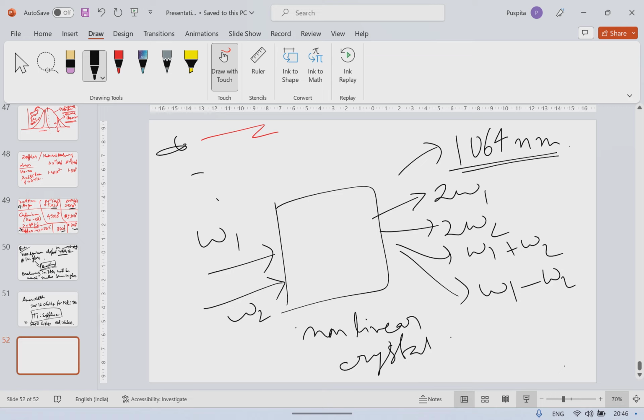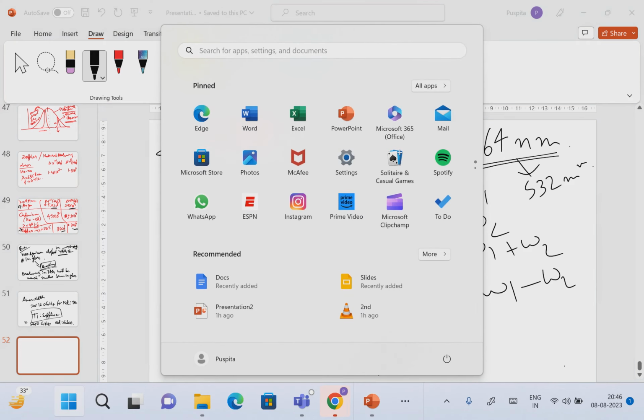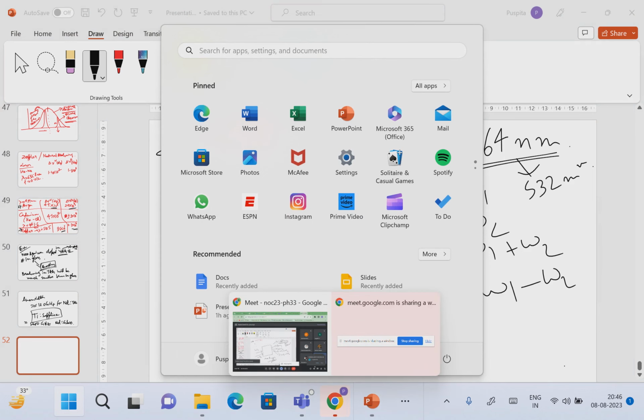So from this 1064 nanometer, we can generate 532 nanometer in that Nd:YAG laser system itself. Okay, 532, and another less than that, 250-ish nanometer, like that.